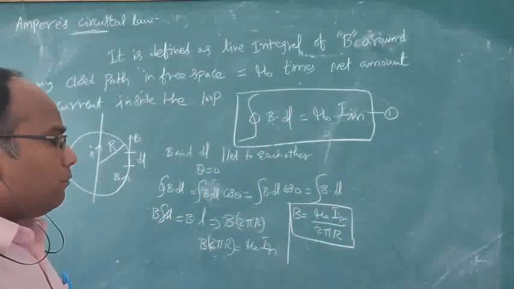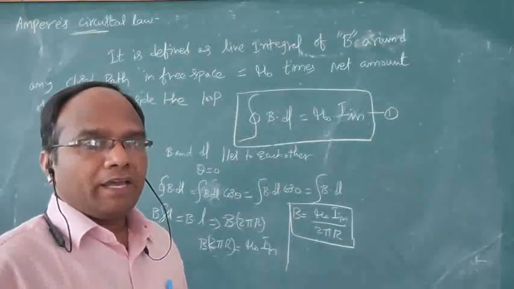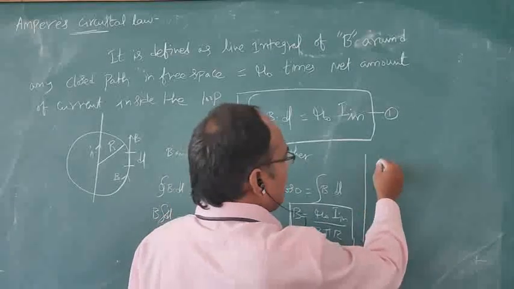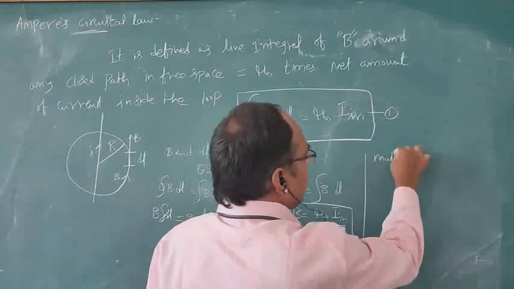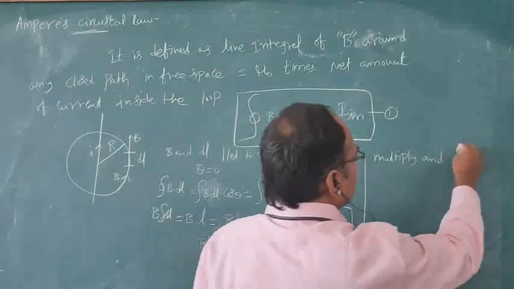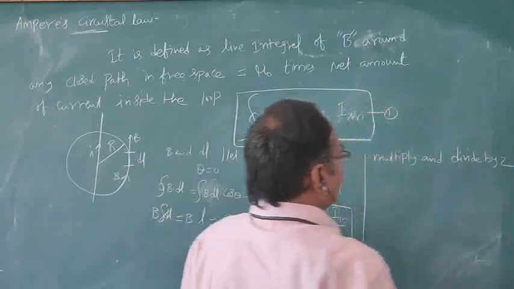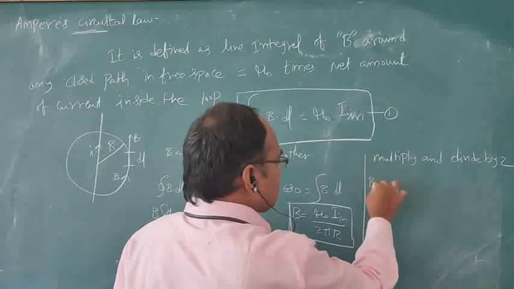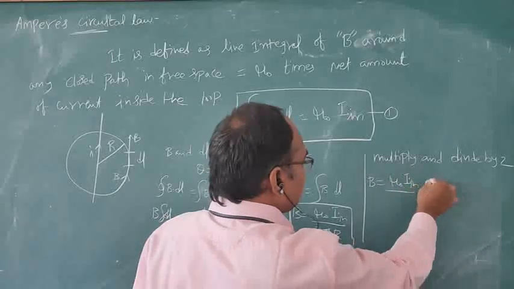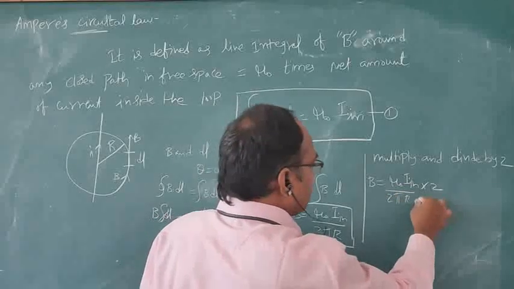Now, you will always study mu naught by 4 pi. So for this equation, multiply and divide by 2. We can write B is equal to mu naught I in into 2 divided by 2 pi r into 2.